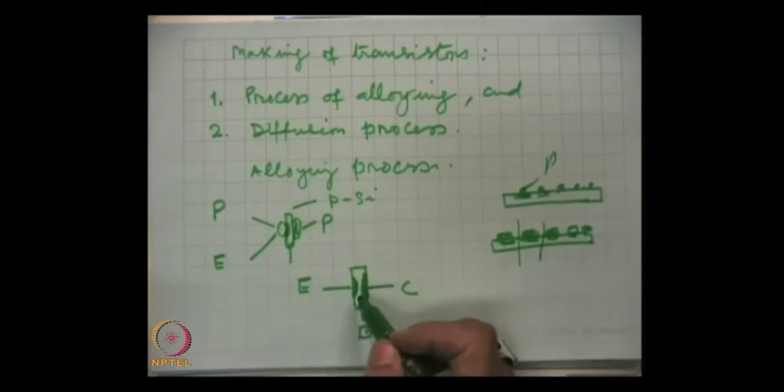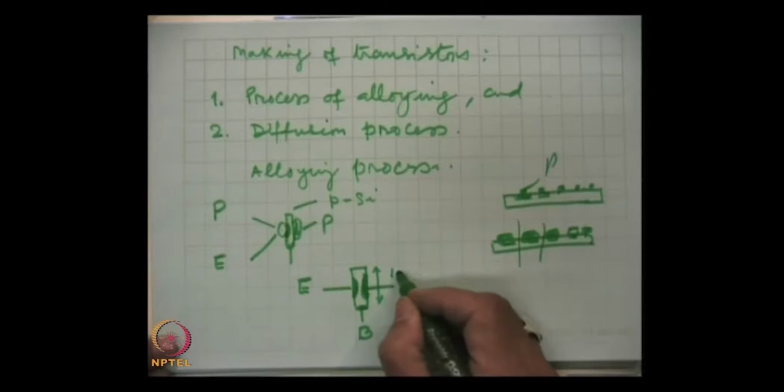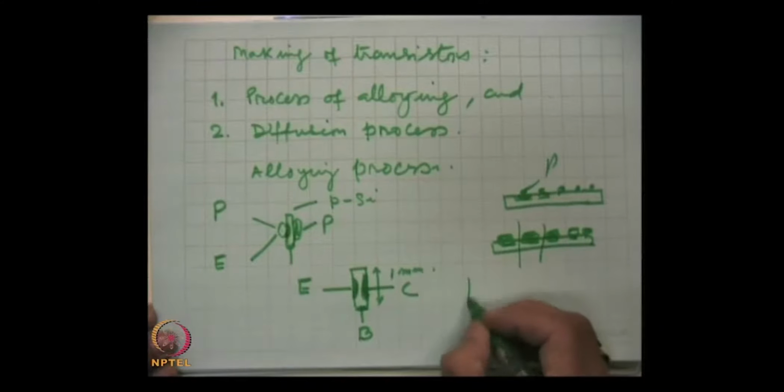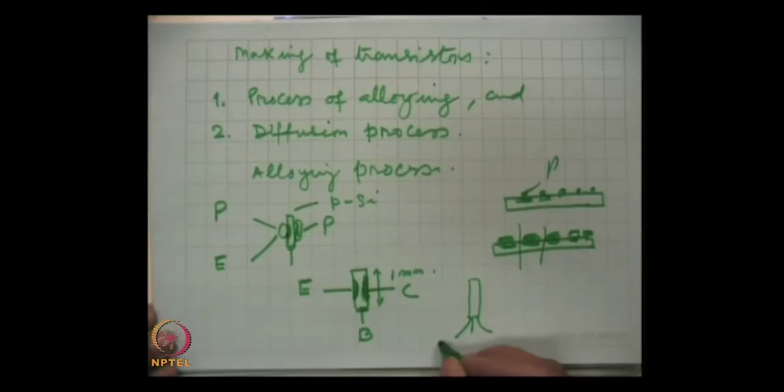This is what we see as a transistor when we handle it discretely. So, this is the process of alloying, these are encapsulated, and finally, what we get is a metal can with 3 leads, one is emitter, base and collector.